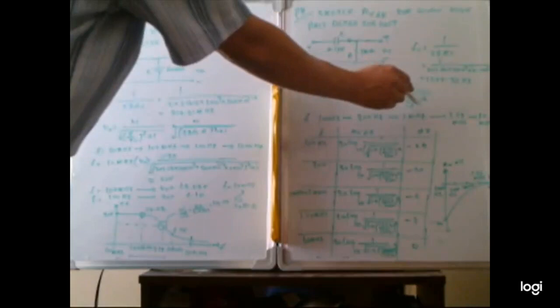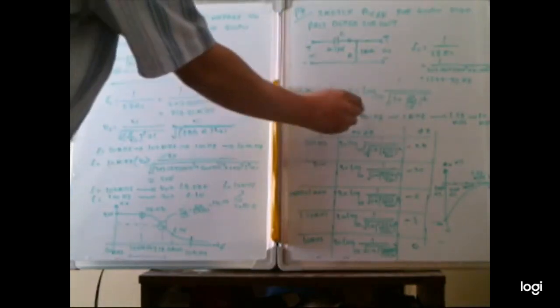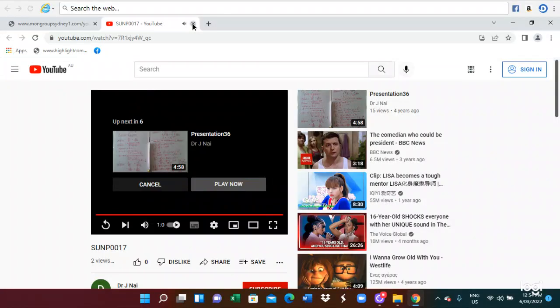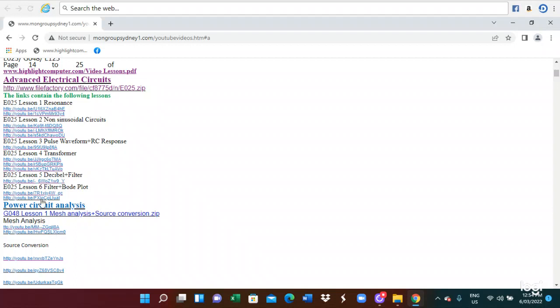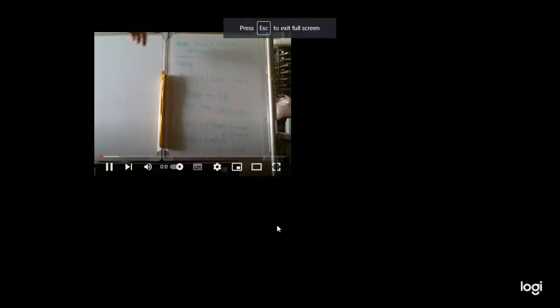FC is the cutoff frequency, 1 by 2πRC, so we substitute the frequency from the 100.